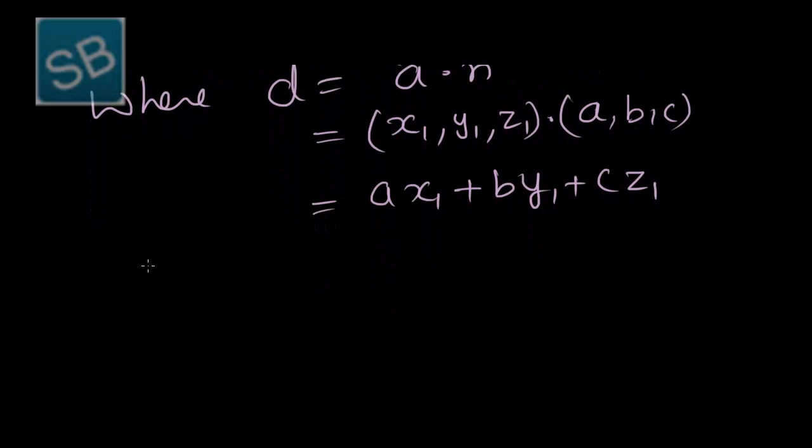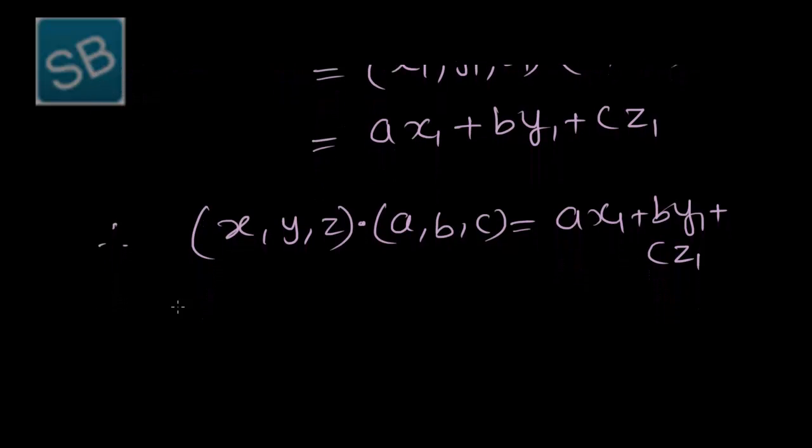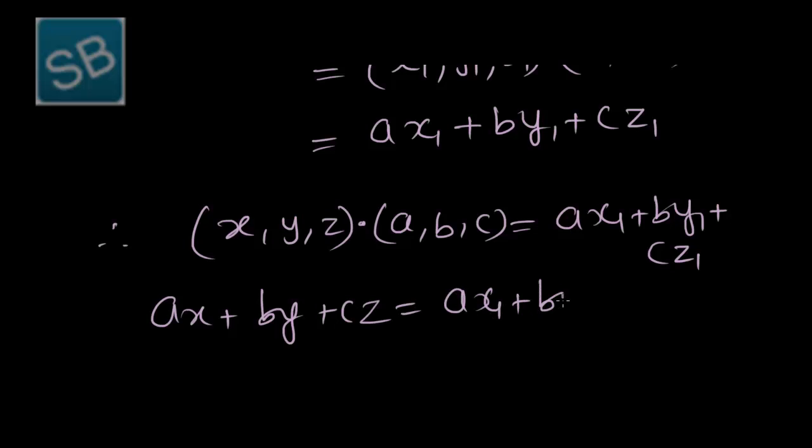Therefore, substituting r, that is x, y, z, into normal components a, b, c and the dot product is equal to d, that is ax1 plus by1 plus cz1. So we get ax plus by plus cz is equal to ax1 plus by1 plus cz1, which is d.